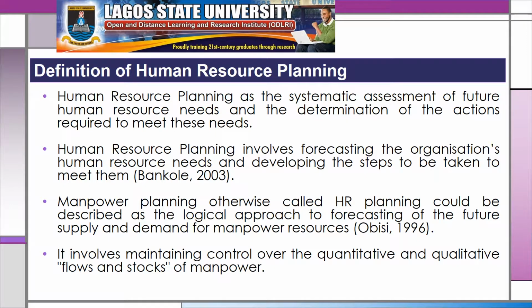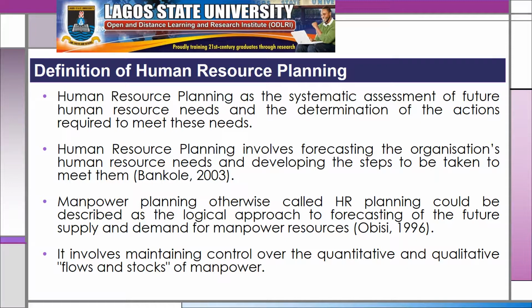So first and foremost, we want to look at the definition of human resources planning. But before going into the definition, like every other managerial function, it requires planning. So planning simply means the process of forecasting or projecting on a particular issue.